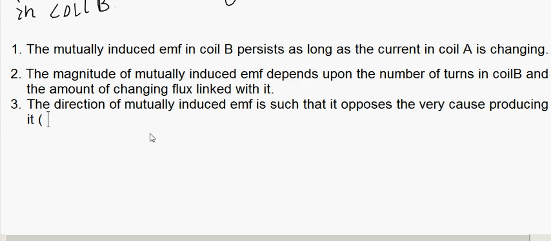In bracket you can write it as Lenz's law. So these are three important points to be noted with respect to the mutually induced EMF.